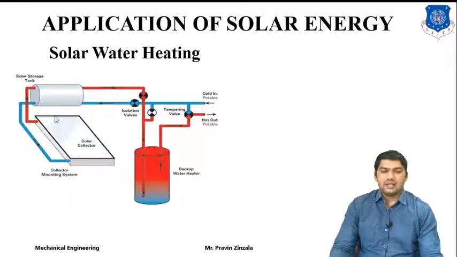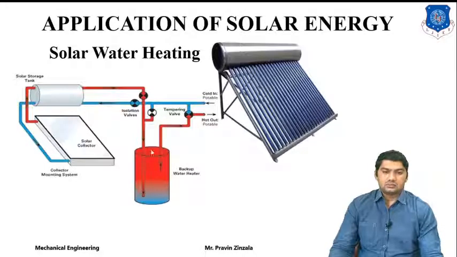Currently we are utilizing the evacuated tube type collector. Whenever the solar radiation strikes the collector, it heats our water, and the water is stored in our storage tank, which is an insulated tank. We can store it further, or we can directly utilize it for applications like space heating, swimming pools, hotels or other organizations.